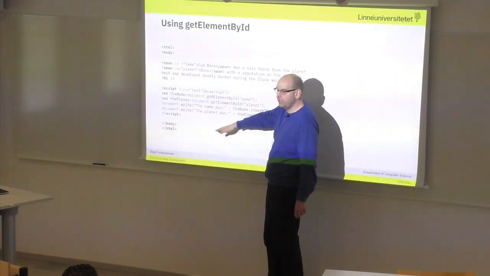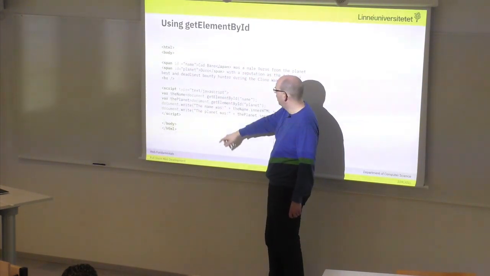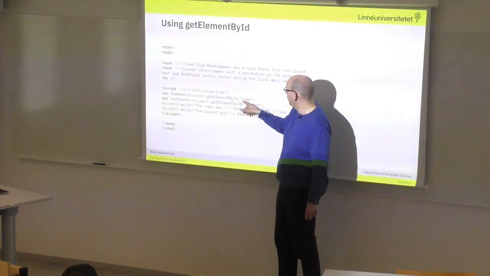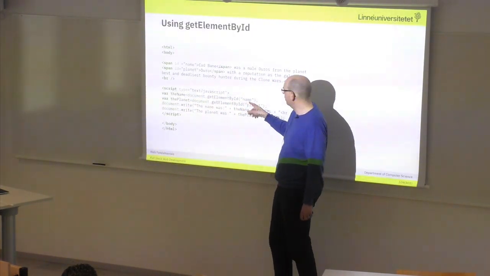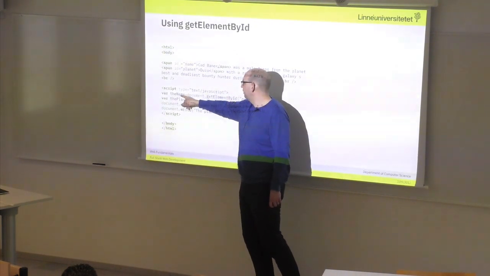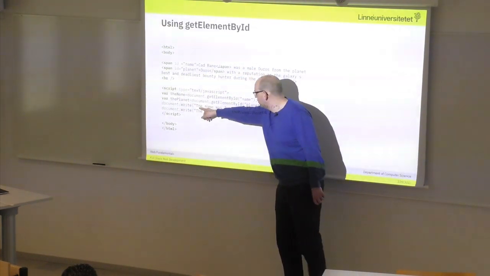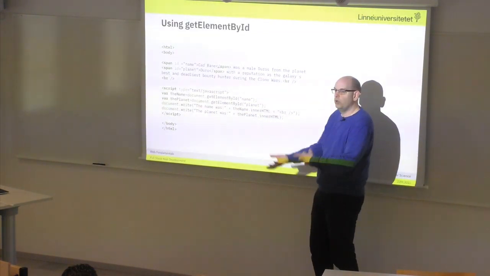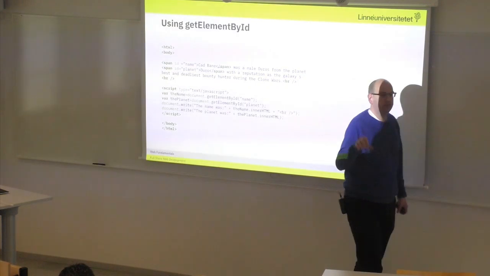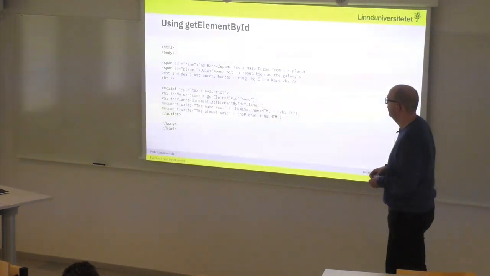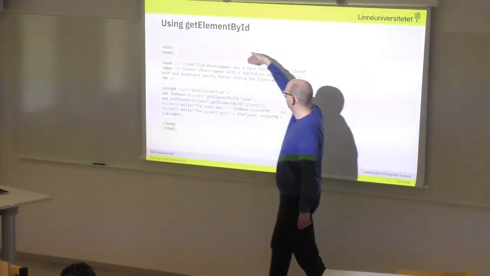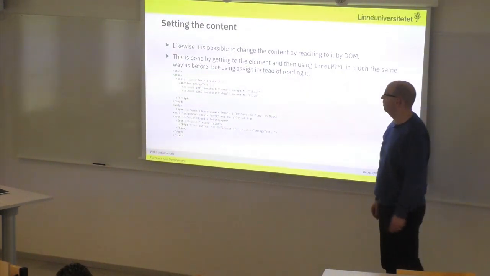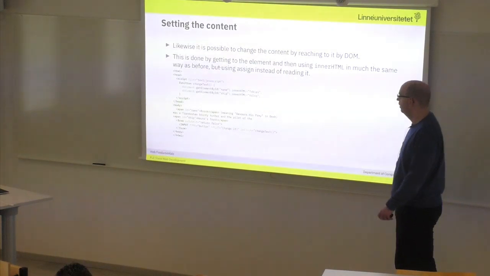And down here we introduce some JavaScript where we go to the document and find the element by ID name, put the element itself into this variable, so that when we write name.innerHTML, we get the information that was available in that element, which was Cad Bane. And we can do it the other way around as well.